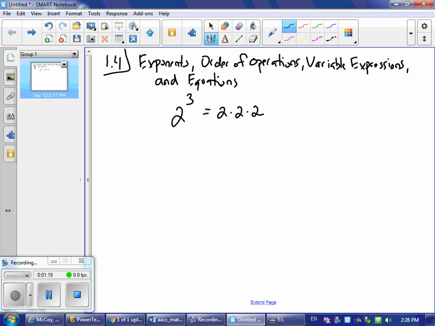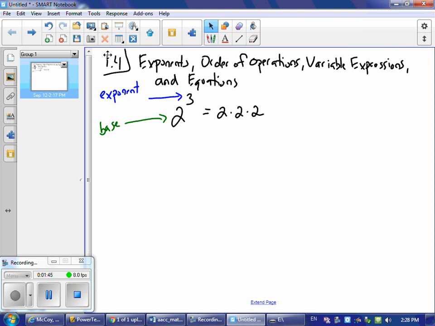So let's label the parts, and then we can kind of define what this is. First of all, the exponent is the 3. It is the small number which is being elevated above the bigger number on the bottom. This, which is the bottom, is what we call the base. So in this case, the 2 is the base, the 3 is the exponent.